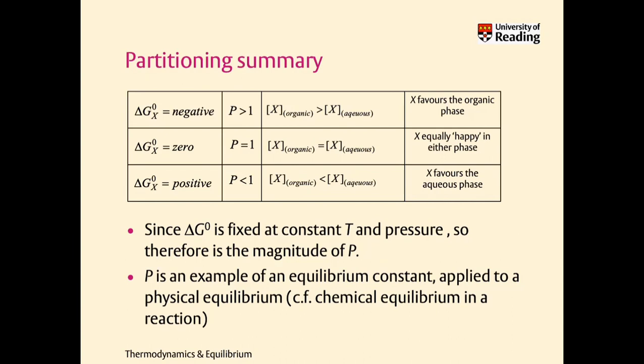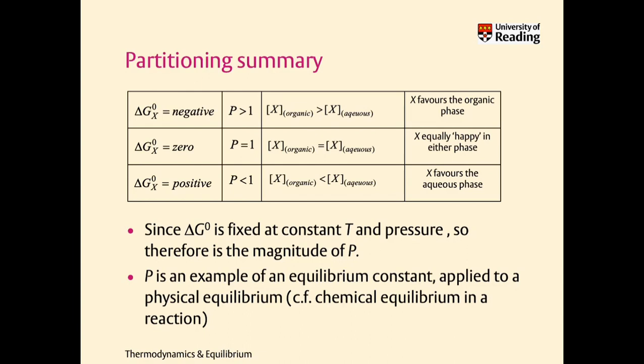So finally, this table here looks at how delta G and the partition coefficient will change and the impact that has in terms of whether our molecule favours the organic phase or the aqueous phase.